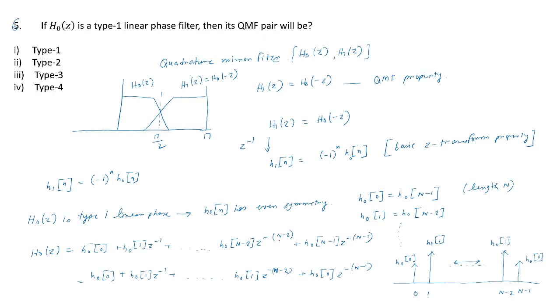By the way, here type 1 linear phase has this even symmetry and length N to be odd also.